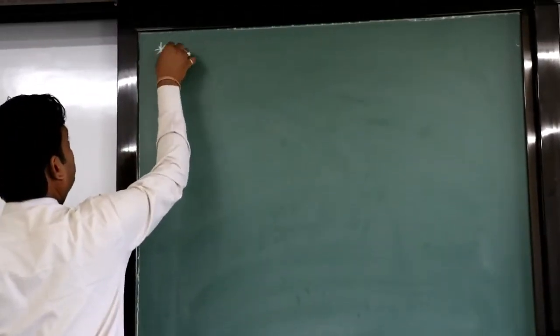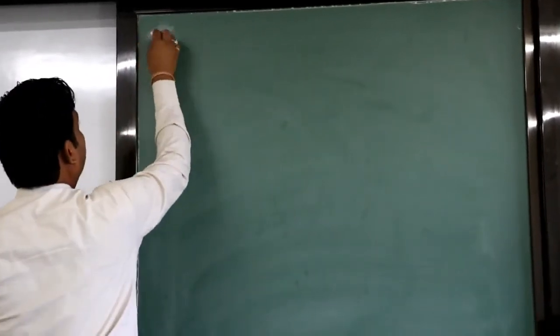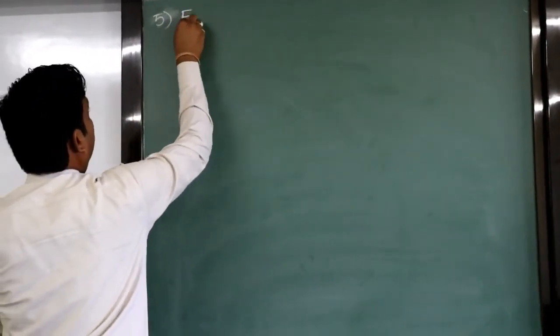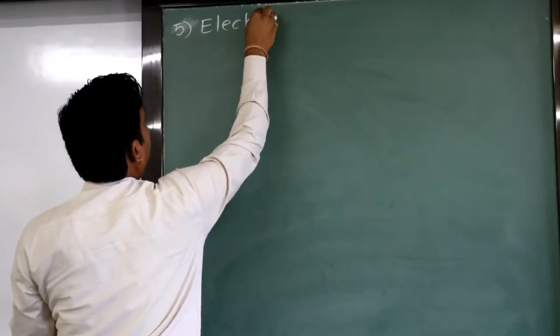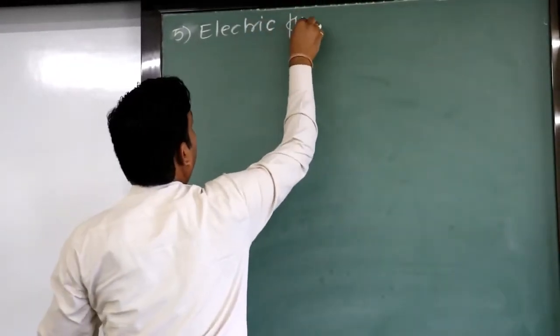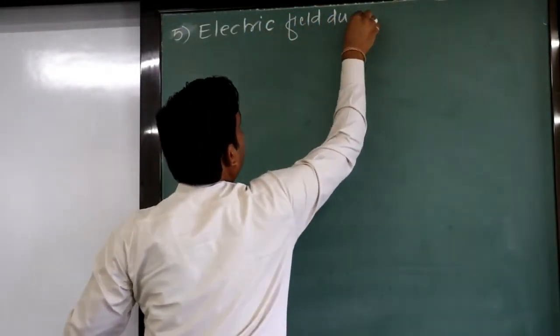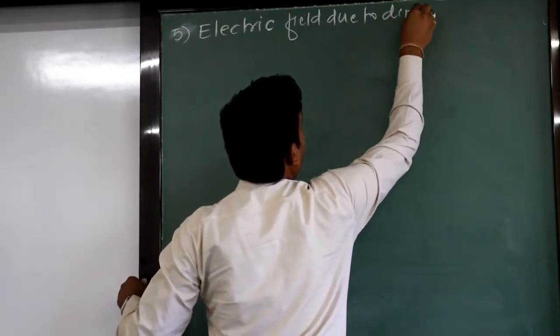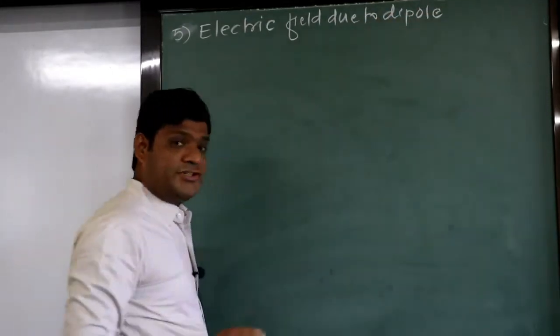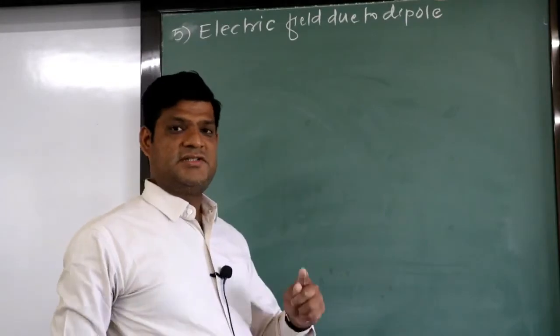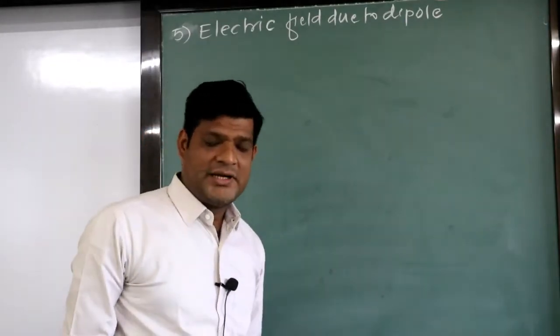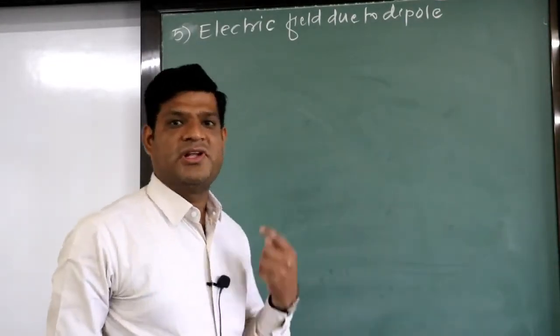Next, number 5 we can write, electric field due to dipole. In that we studied two formulas. One is electric field along the axis and the other is electric field along the equatorial line.